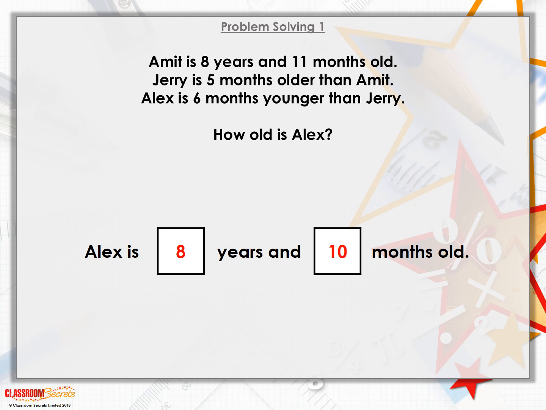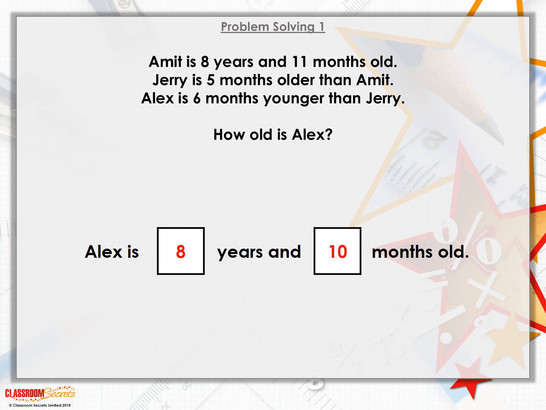So, first part of the problem, Jerry is 5 months older than Emmett, okay? So, if we need to add 5 months onto 8 years and 11 months, add 1 month first. If we add 1 month to 8 years and 11 months, that will take us to 9 years old. And then adding the remaining 4 months would mean that Jerry is 9 years and 4 months.